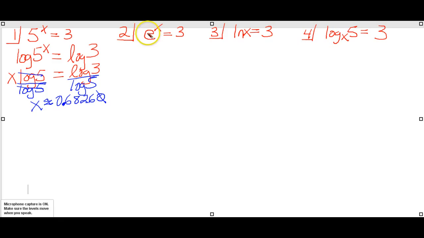Again, this is in exponential form, but it's the natural log e. So we'll put that in its form, natural log of e to the x power equals 3. Well, I should say natural log of 3.